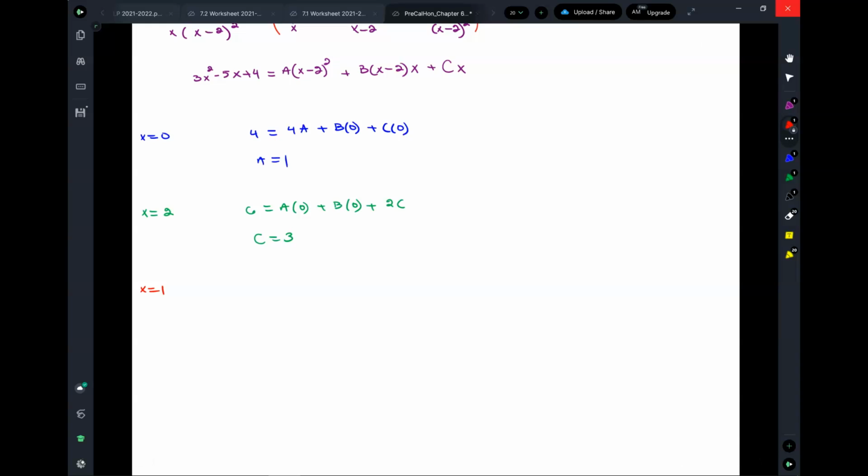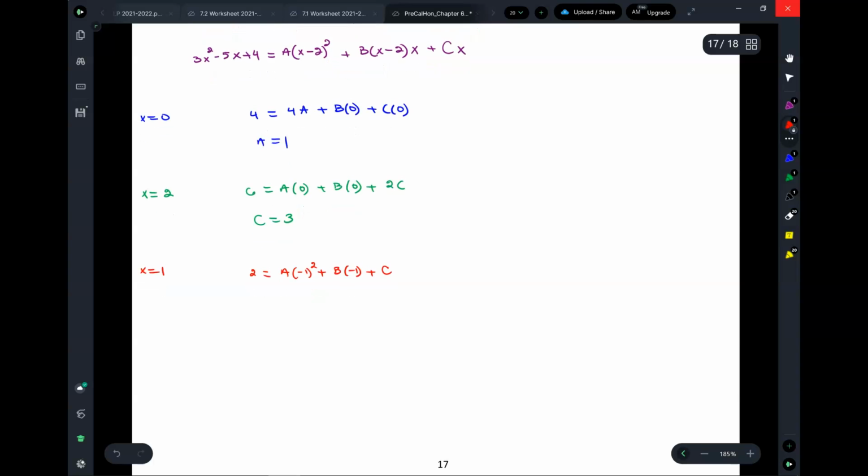So here I get 2 equal to A times negative 1 squared plus B times negative 1 plus C. Okay, so what we get here is 2 is A minus B plus C. Technically, this is why this is in the matrices chapter.